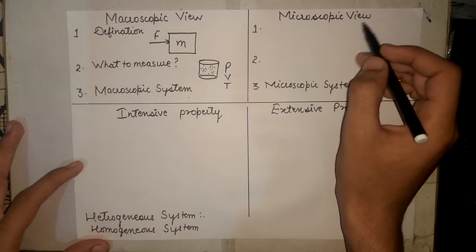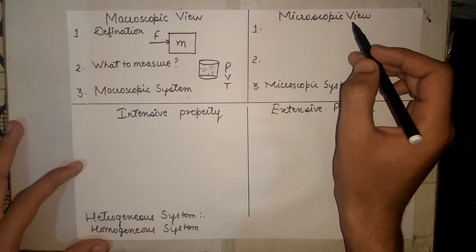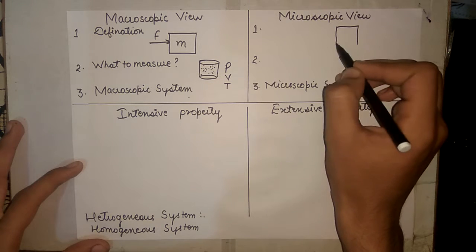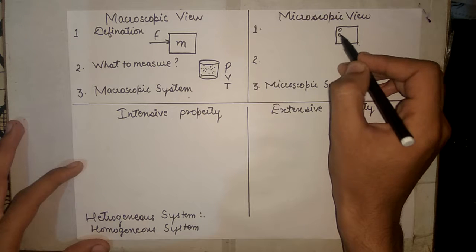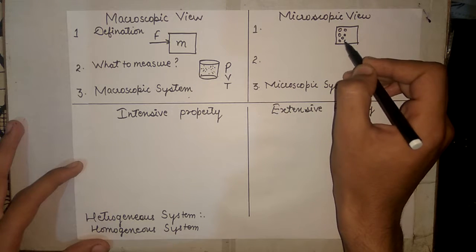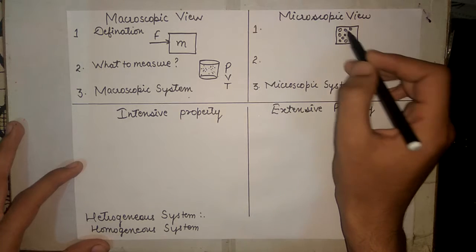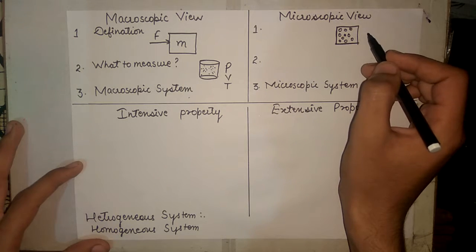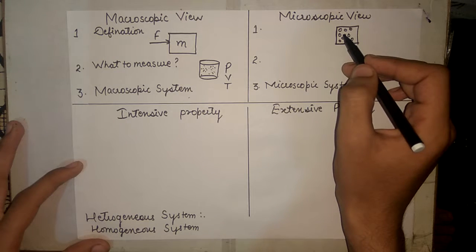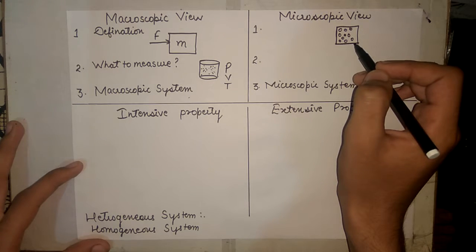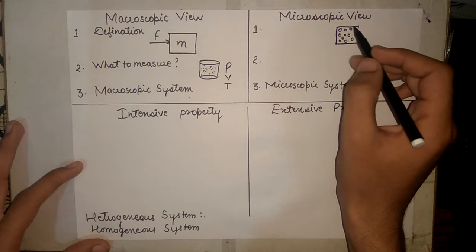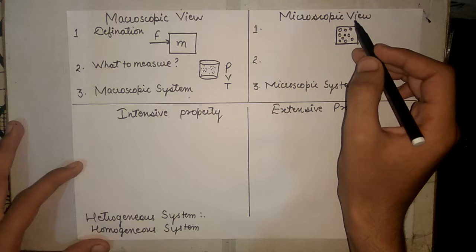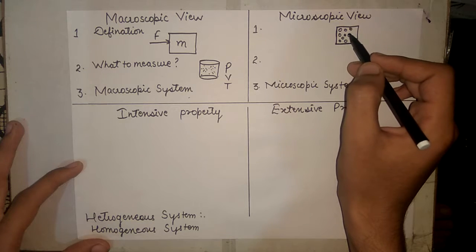Now come on to the microscopic view. From the microscopic point of view, matter is composed of myriads of molecules. So suppose this is my matter. There will be many molecules in it. As we know, matter is composed of myriads of molecules, so the behavior of a gas or substance is described by a certain quantity of matter from its molecular action.